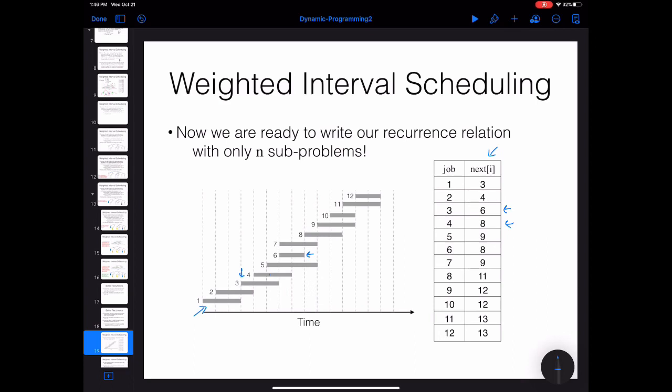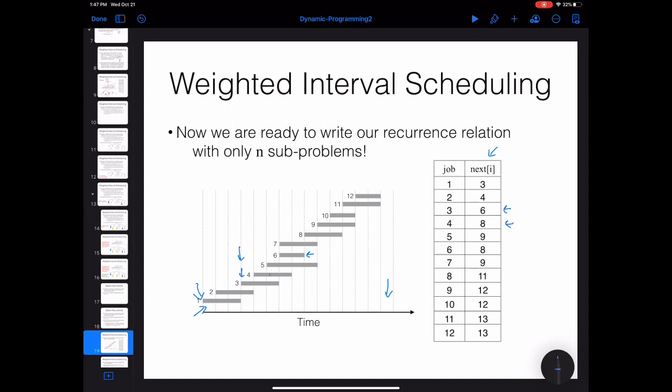So now we can think about the subproblems that I wanted to define. If I chose 1, the smaller subproblem that I have is going to be all the jobs from next of 1 to the end, so from job 3 to job n, whatever is at the end. For example, here it is 12.